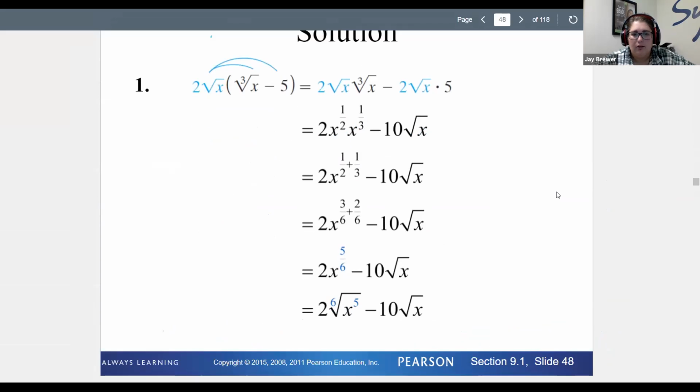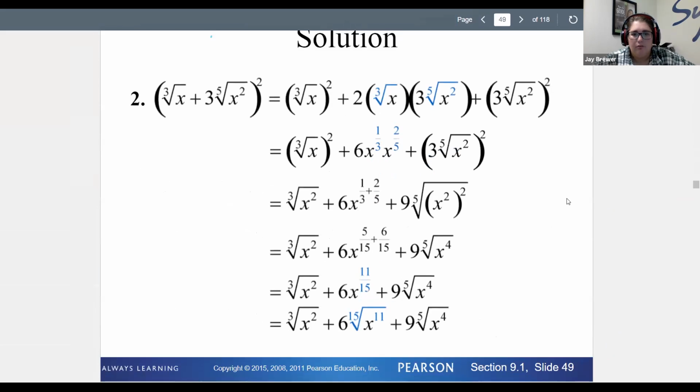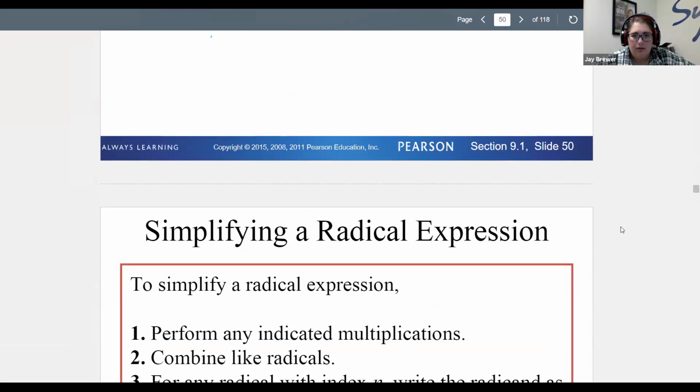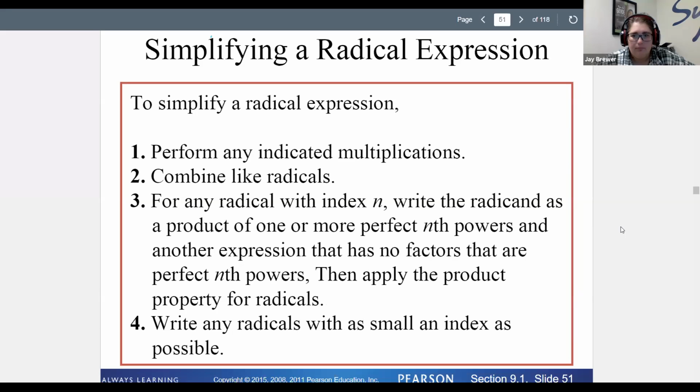So if you want to take a look at the longer solution, a little bit neater, it's right here. You guys can take a look at that if you need to, especially if you're on the video.